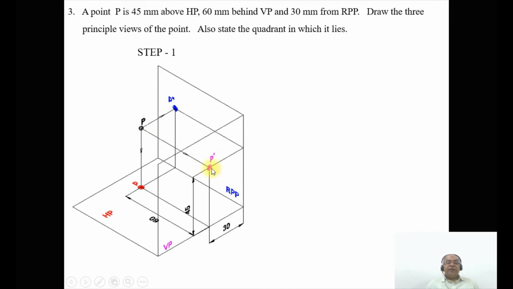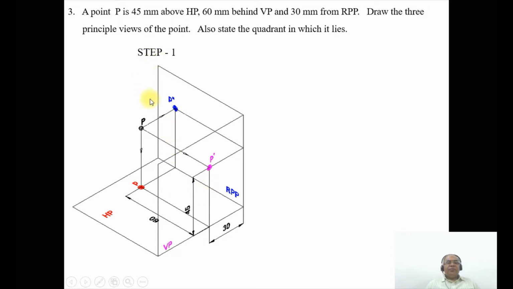As you look from the front view, we can see the distance above HP, which is 45 mm, and that image will fall on the vertical plane. Since the image is on the vertical plane, it is considered as small p dash, and the distance from the horizontal plane is 45 mm, which has been shown here.